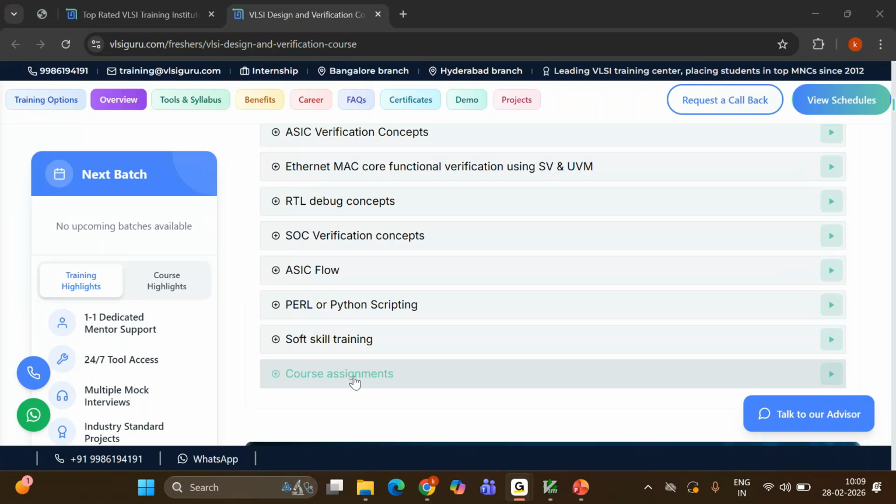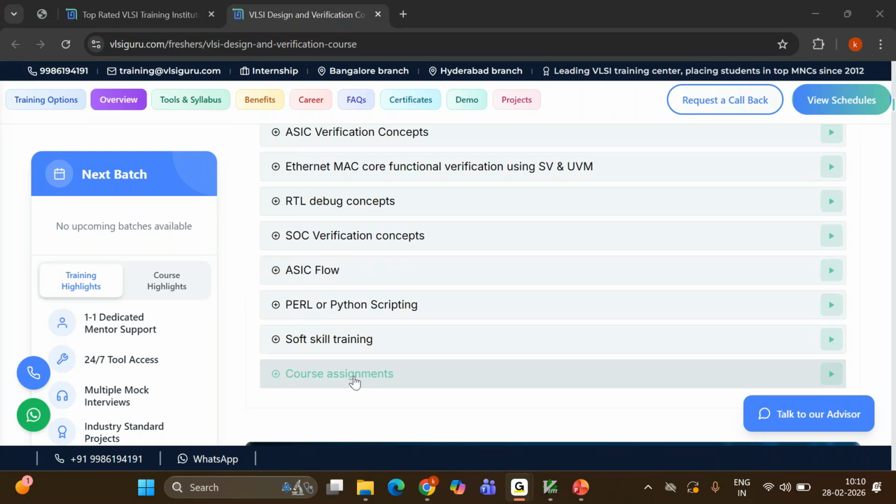This lab support will be there every day, starting from digital to Python. What do I mean by that? In the morning you will be having theory, in the afternoon you will be having the lab, where the trainer will discuss with you the assignments to be done on that day. Understood? So assignments and theory will be going side by side.